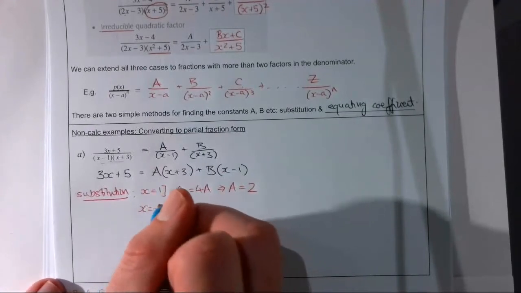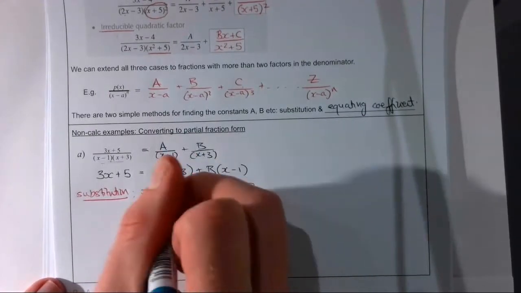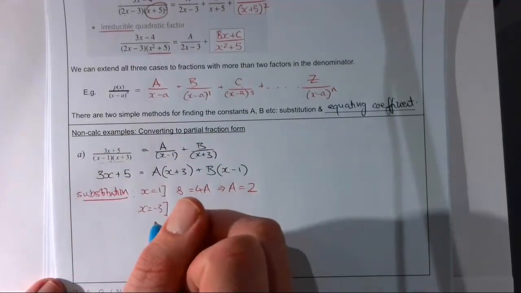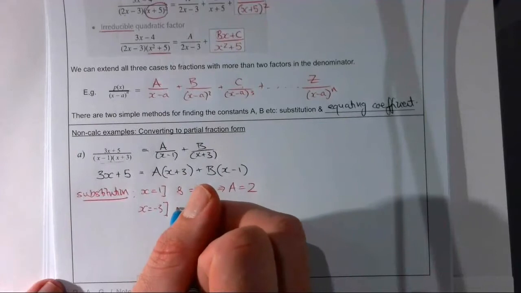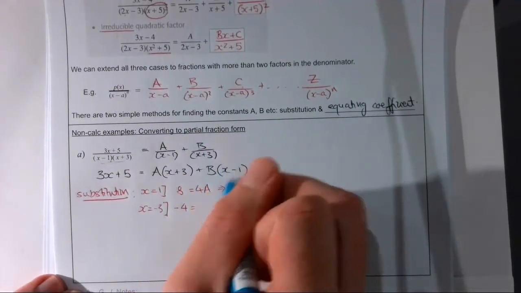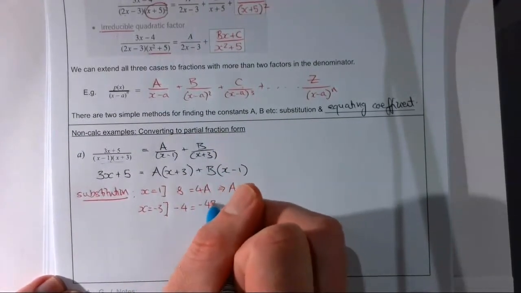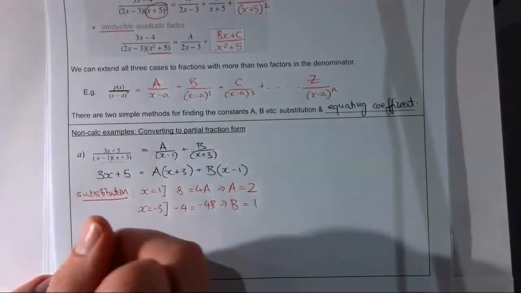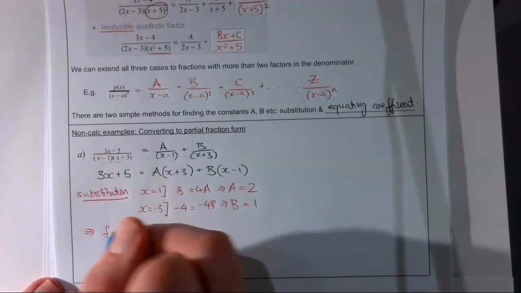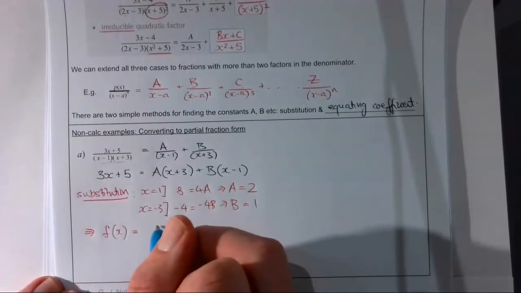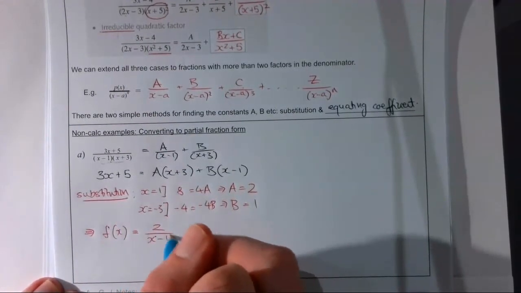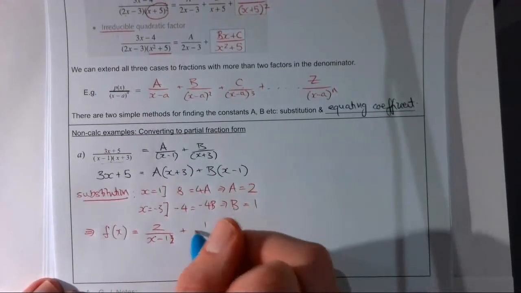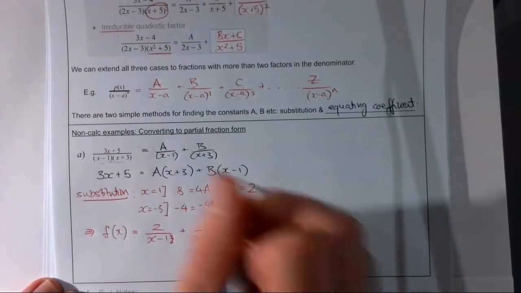The second value I'm going to substitute in is minus 3, because then the A term disappears. Minus 3 times 3 is minus 9, plus 5 is minus 4, and that equals minus 4B, so B equals 1. To finish off, f of x equals 2 over x minus 1, because A is 2, plus 1 over x plus 3, because B is 1.